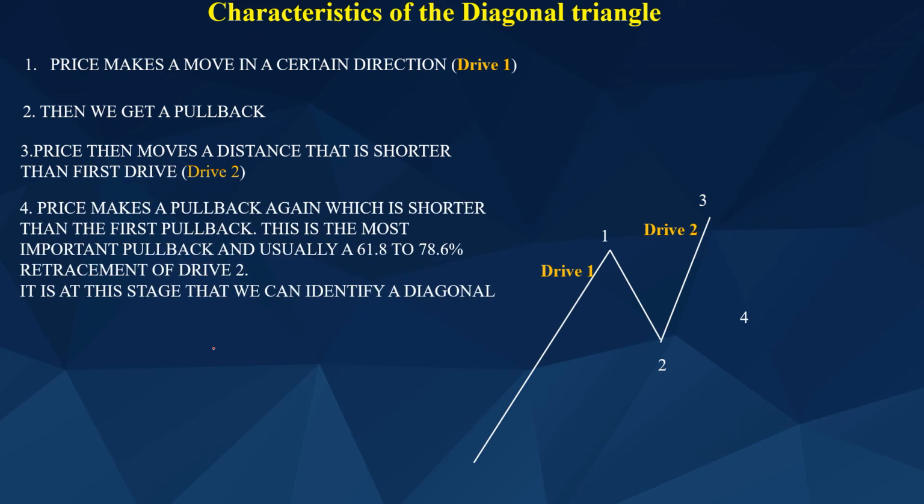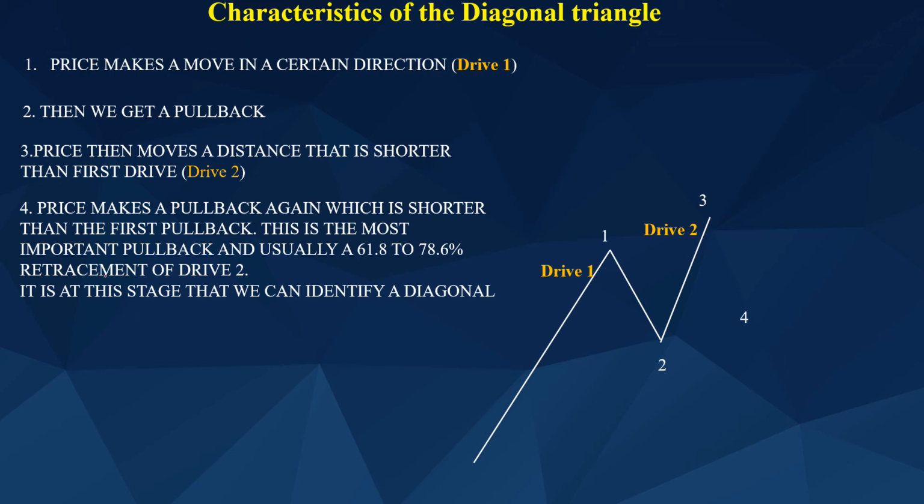Then price makes a pullback again, which is shorter than the first pullback. Not definitely shorter; usually it can be a bit equal. We use the word shorter, but it's not going to be longer than this, and the length is not that important.